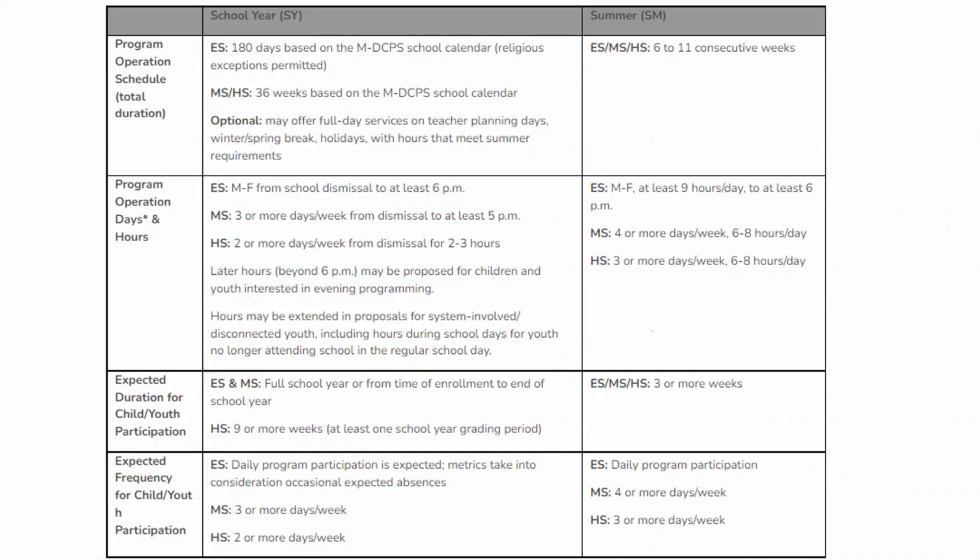I believe it's one letter per organization, which would include all of your school sites. If it's other letters of support with enrichment partners or other professional services, it would depend on what service is being offered.